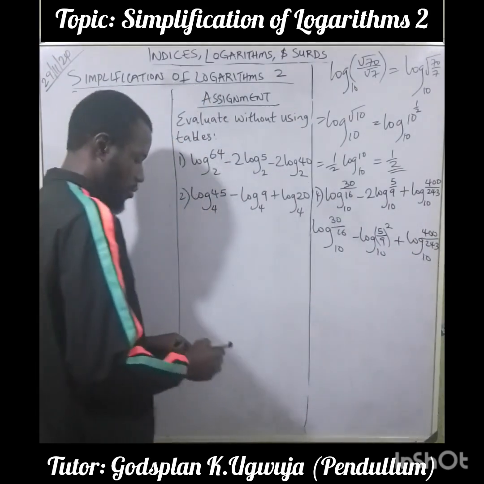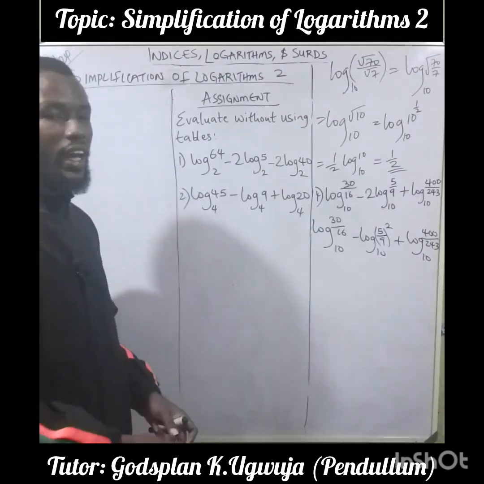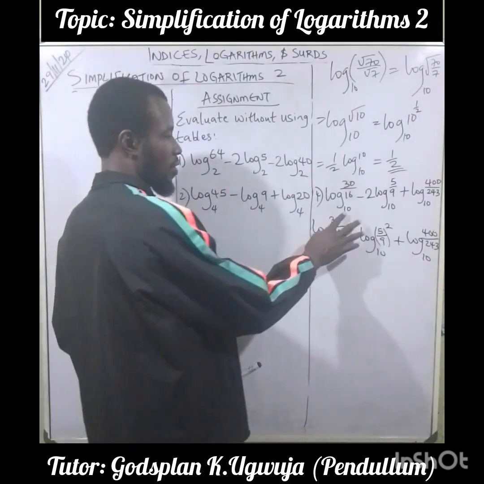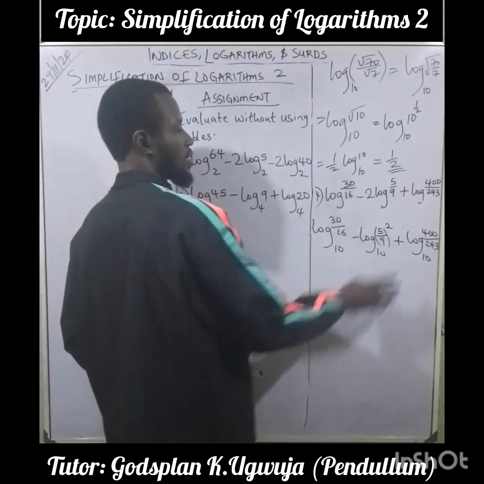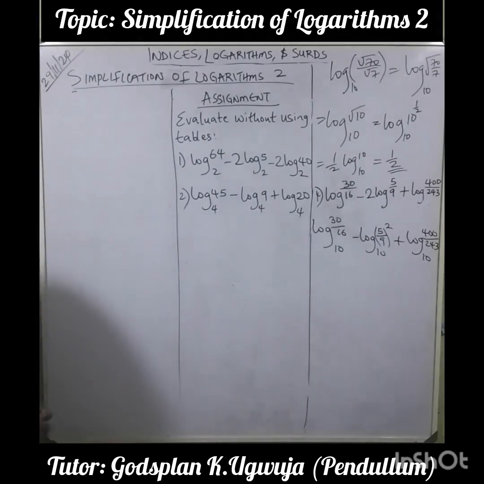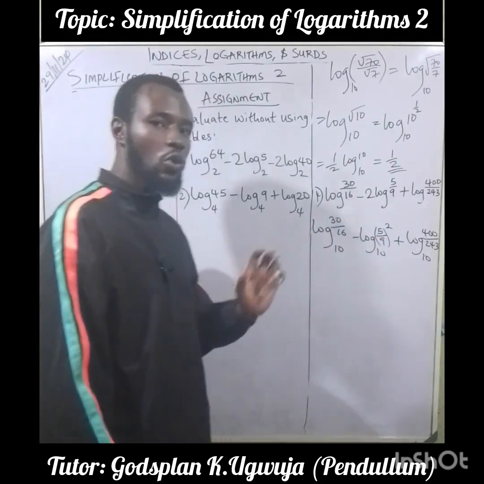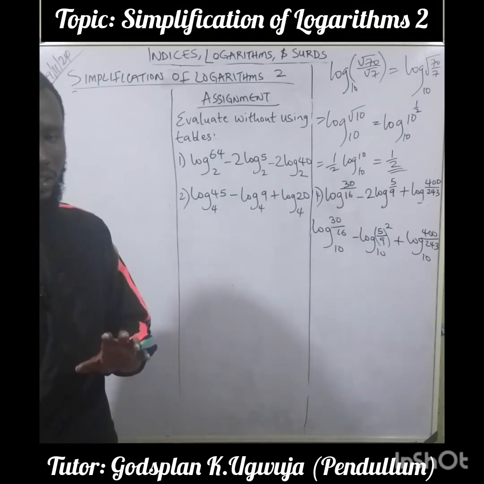base 10. Now I want to point something out. You may see some logarithms like this where no base is indicated. Alright, so you may see a question that is just written like this. Now, if you see a question like this, you may be wondering what base is this? You should know that base 10 is the natural logarithm of numbers.